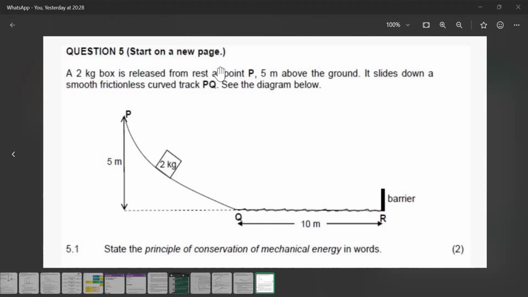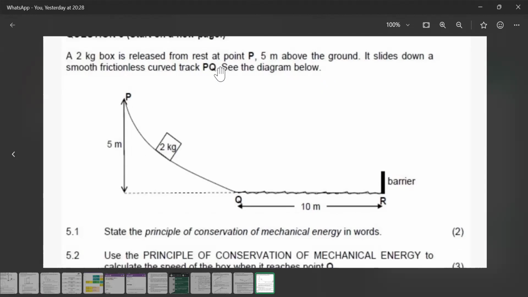Okay. So looking at this system, the part PQ, we already talked about it. The only force acting on our box is the gravitational force. But if we look at the section QR, there is now friction because we can see that the surface is now rough.